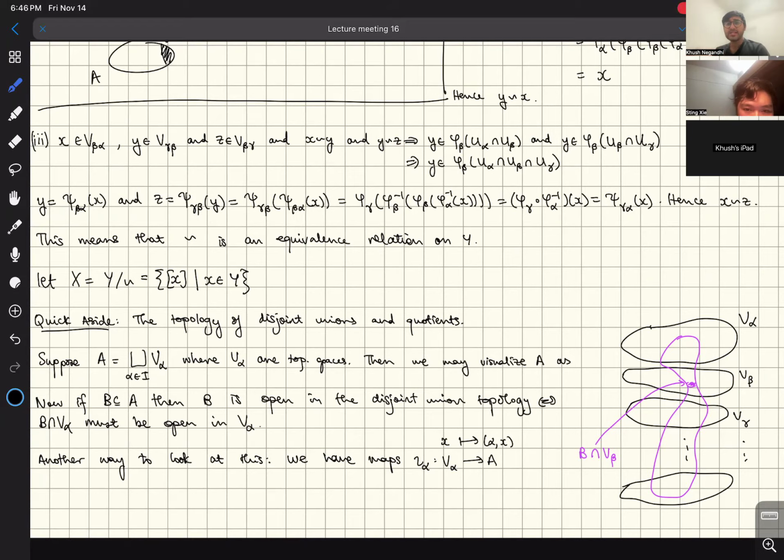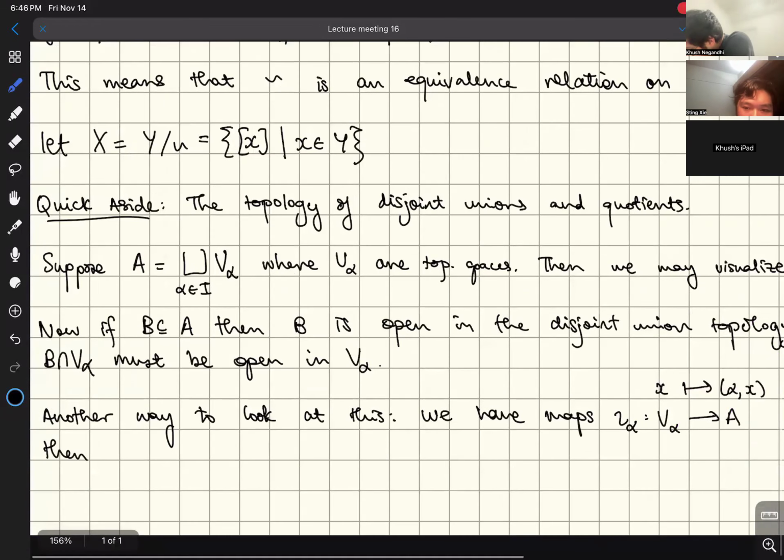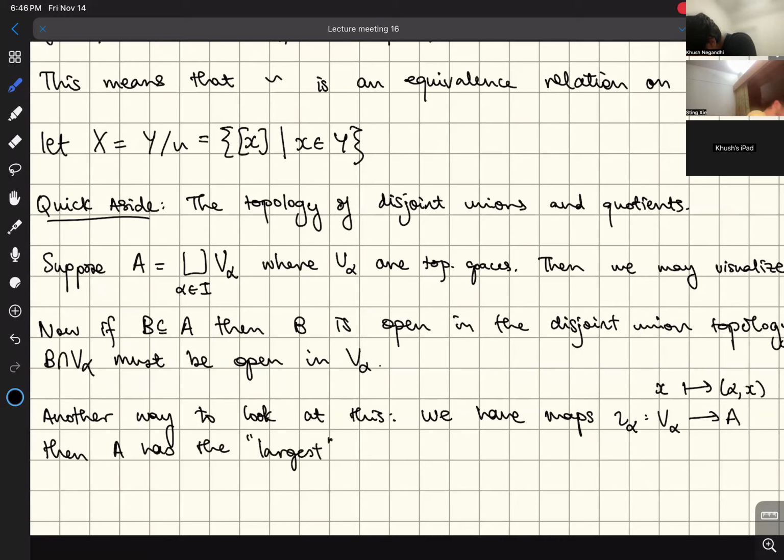It's the biggest such topology. So it's the finest such topology. Then A has the largest topology that makes all maps iota alpha continuous.